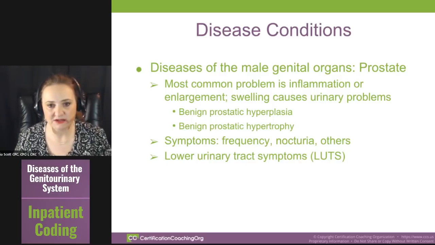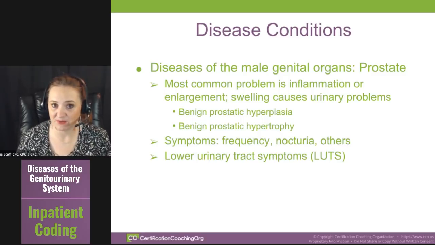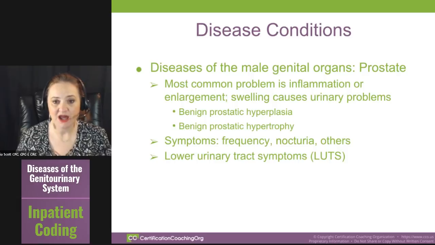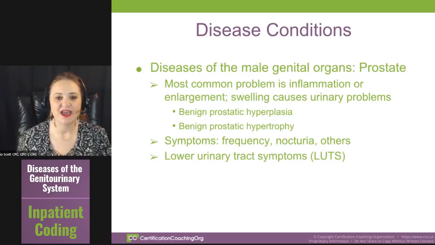Diseases of the male genital organs, of course, prostate tends to be the number one thing that we talk about. It's like you turn 65 and your prostate falls off. I like to tell people, your prostate doesn't fall off, it swells up is what happens. Inflammation and enlargement are the number one things.